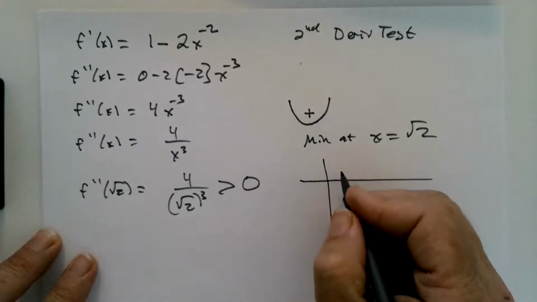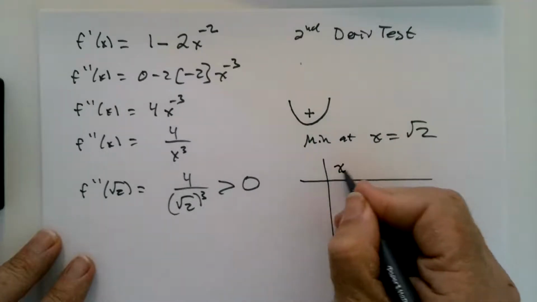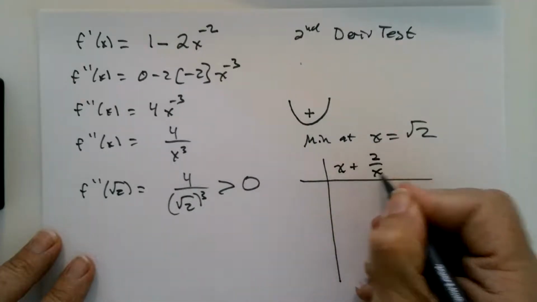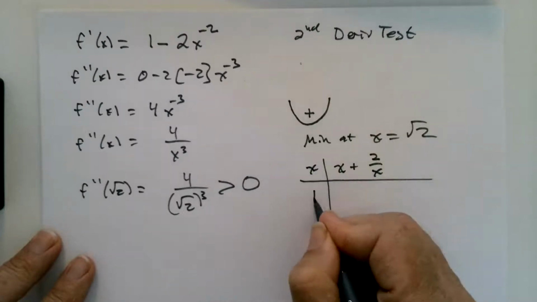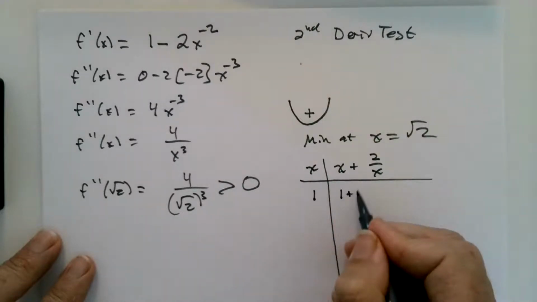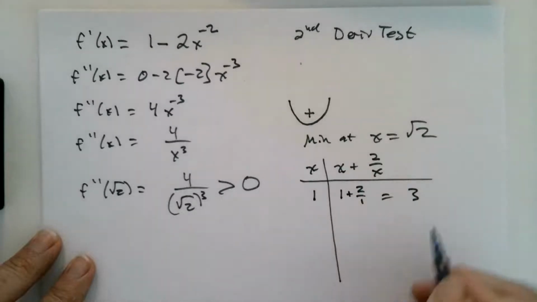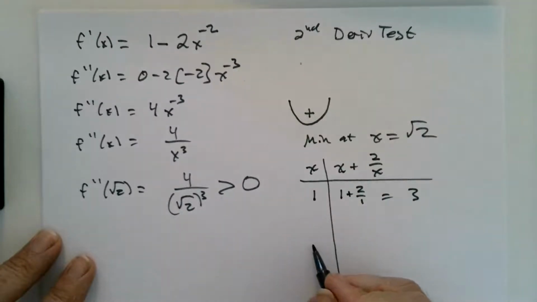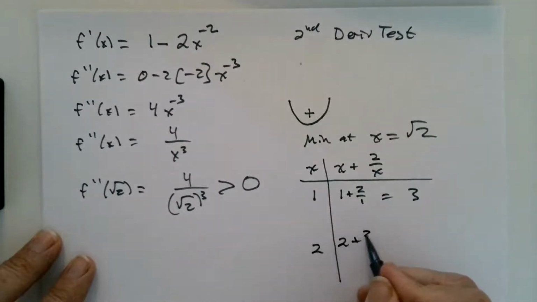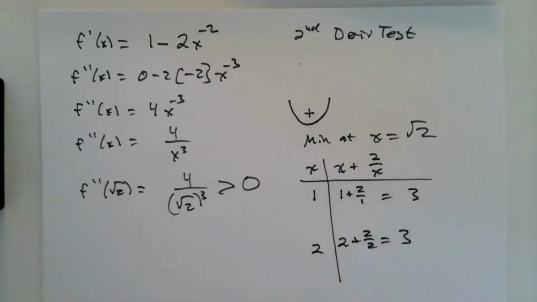So I want to take a look at my function. My function is x plus 2 over x. If I choose 1, I get 1 plus 2 over 1, which is 3. If I choose 2, I get 2 plus 2 over 2, which is also 3.